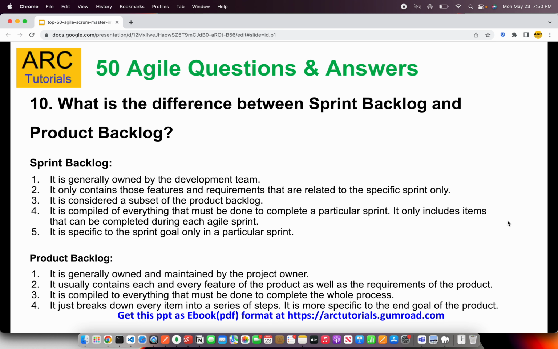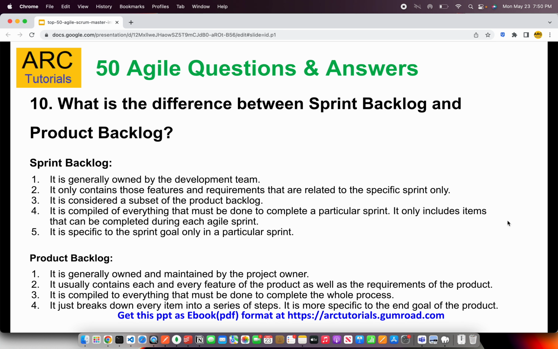Now think of it as a product. What is product backlog? It is owned by the product owner, right? Now it contains all the features, all the user stories in the entire product, right? So that is the entire superset. Sprint backlog is only related to that particular sprint. What needs to be done?